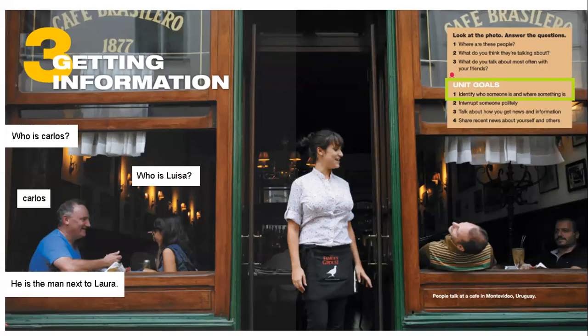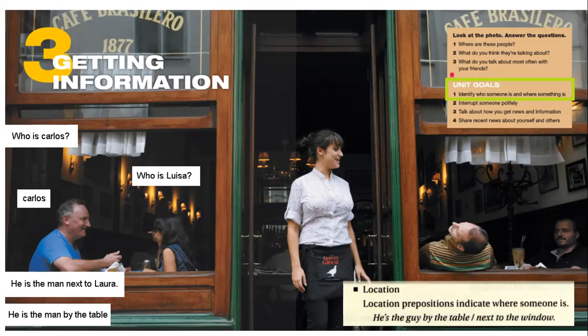Or, as I said before, you can also use the color of the clothes. In this case, it is about the blue t-shirt. Look at this part. It says, he's the man by the table. So the word by and the words next to are all about location. So you can identify a person just by saying where the person is.